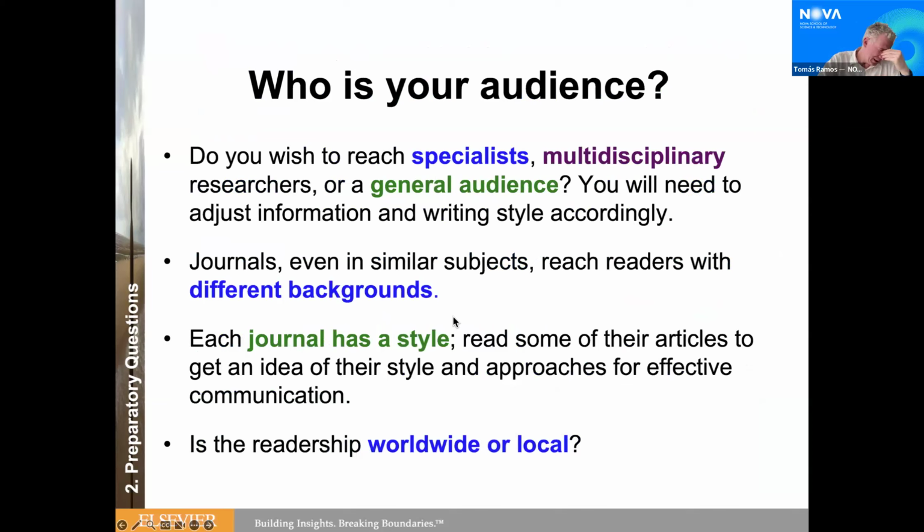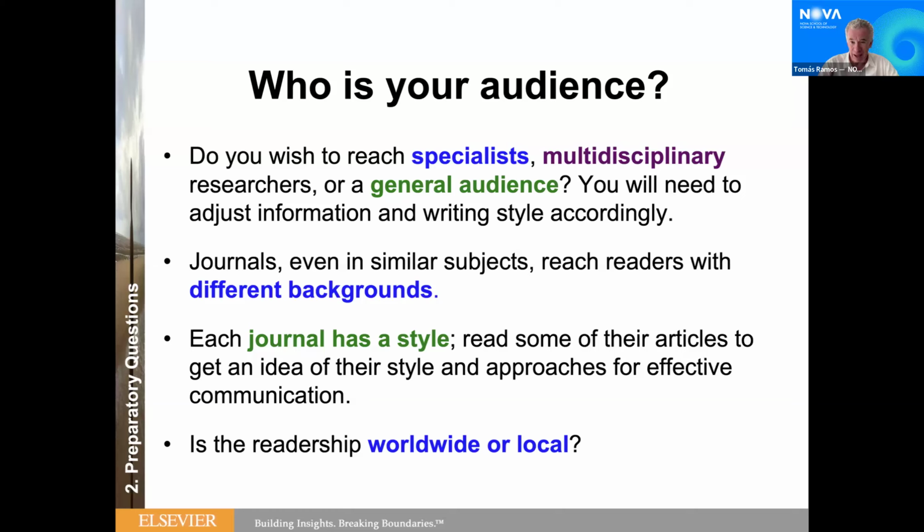Another question is related with your audience. When you select the style of writing, when you select the type of journal, and when you select the journal itself, you should take into consideration the audience. Who is your audience? Is it international or national? Worldwide or local?